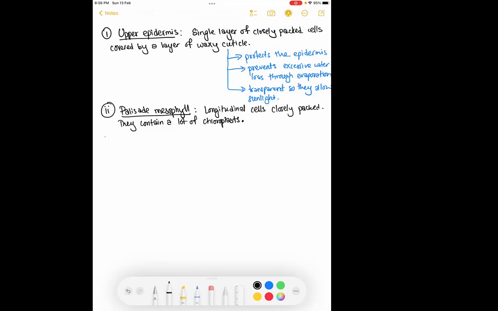Now moving on to spongy mesophyll. These are irregular shaped cells, and as you saw, they're not really closely packed, with numerous intercellular air spaces around them.